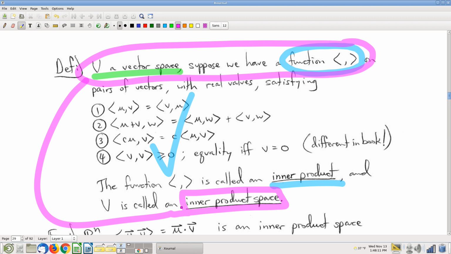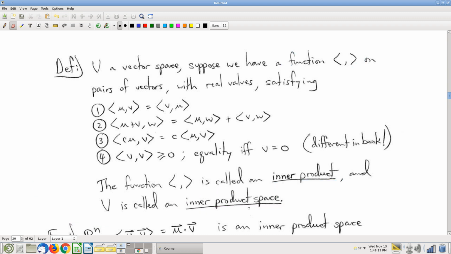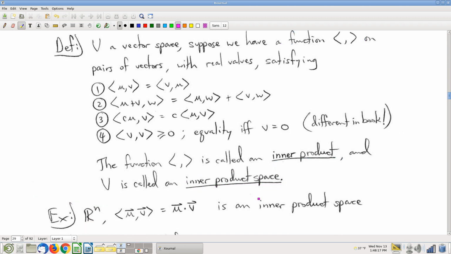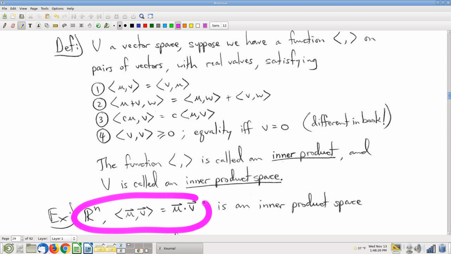Right. So let's see some examples before I get to some other things. The first one is silly. Rn using the dot product is an inner product space. I hope this is no surprise. Let me say this in a different way that'll illustrate, I think, why this is a silly example.